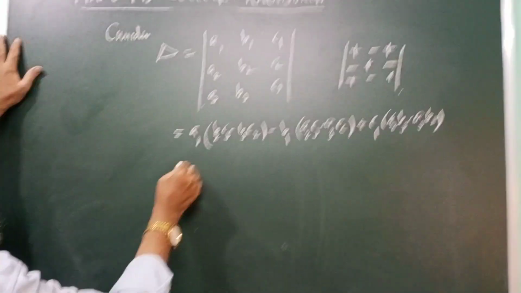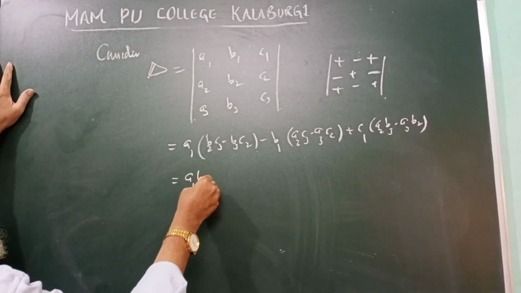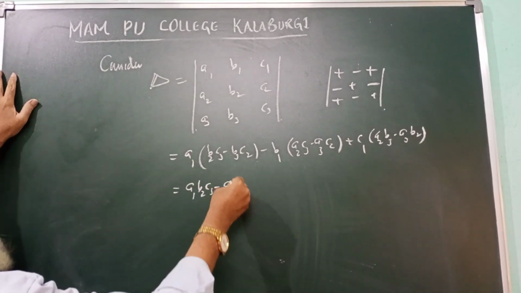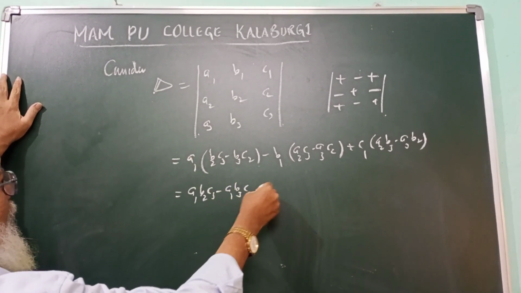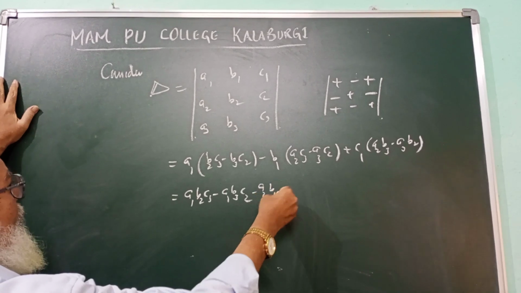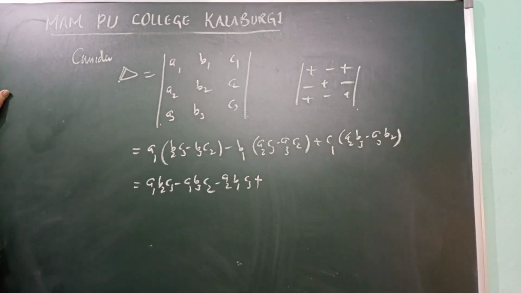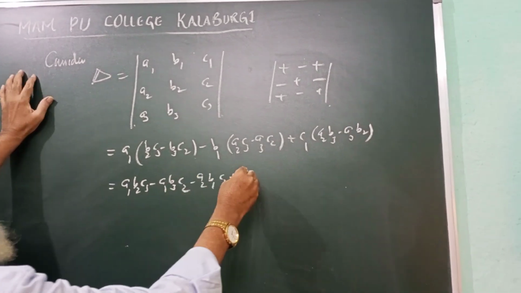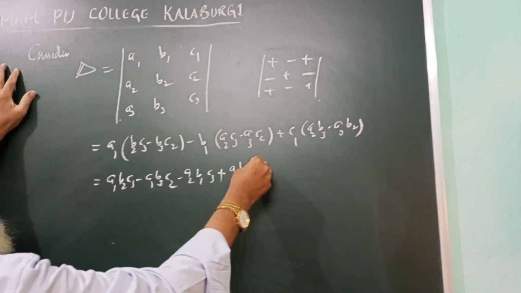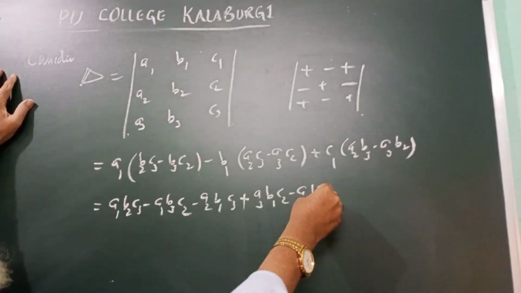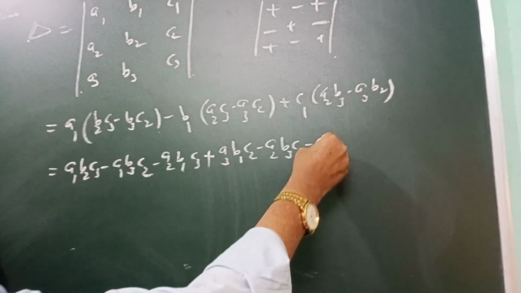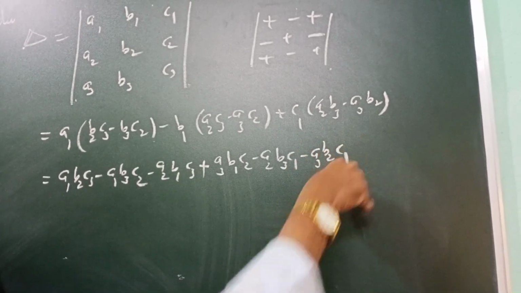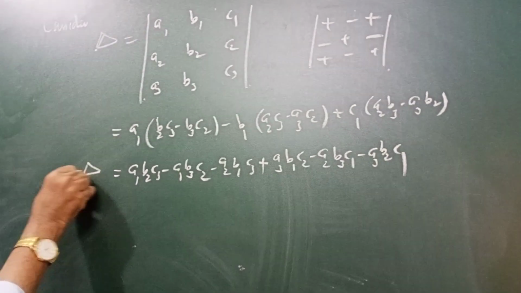Expand it. Again A1 B2 C3, minus A1 B3 C2, minus A2 B1 C3, minus of minus it is plus A3 B1 C2, plus A2 B3 C1, minus A3 B2 C1. That is the value of delta.